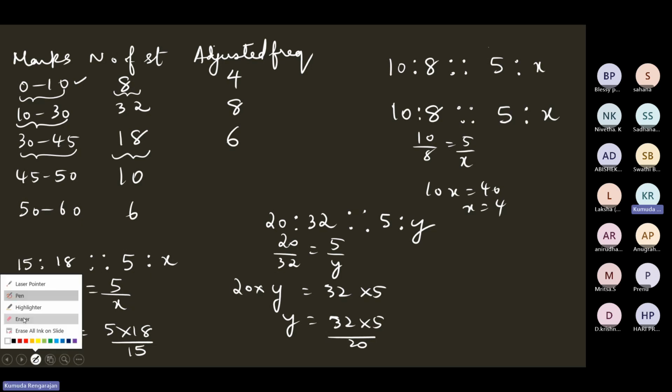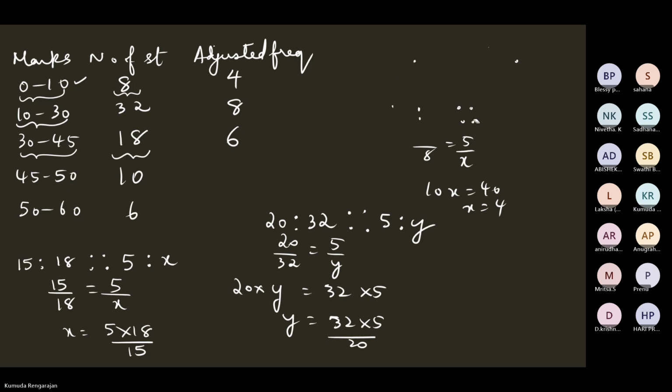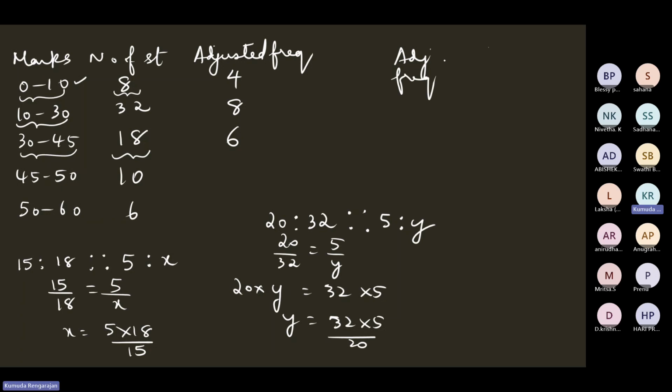Or if you have learned a formula, I'll tell you the formula. The adjusted frequency is equal to the desired class size by the actual class size into the frequency.